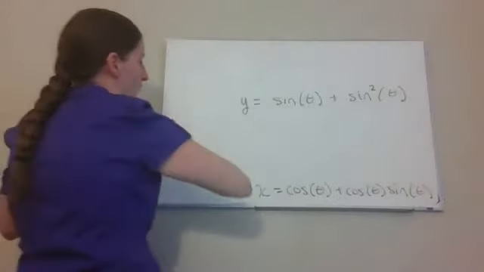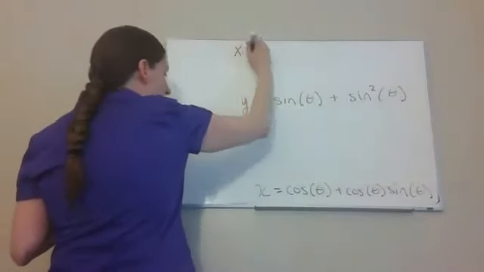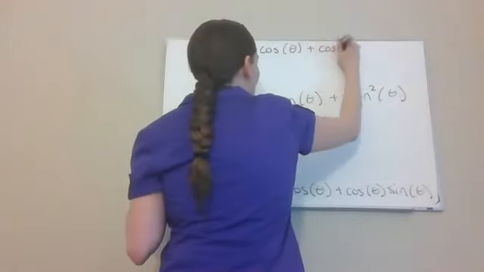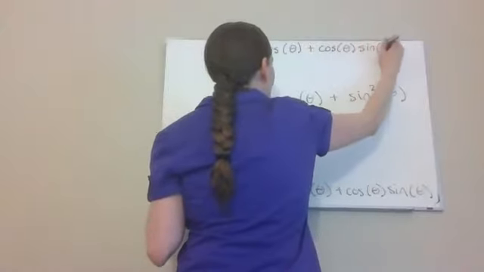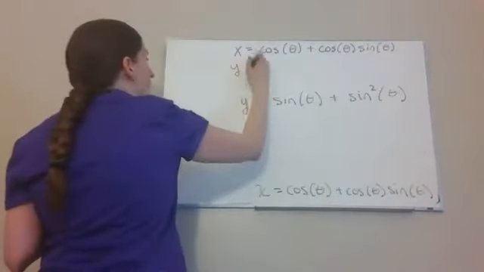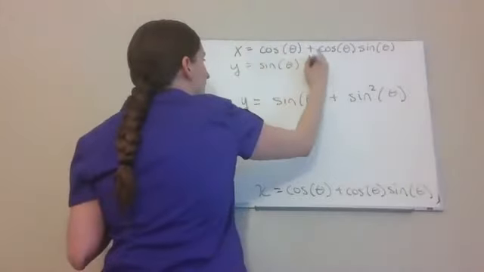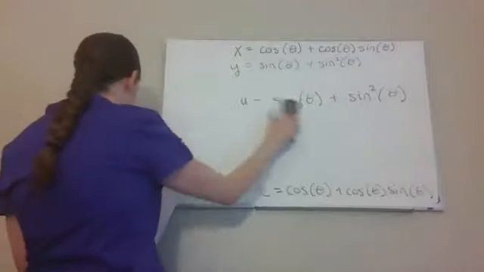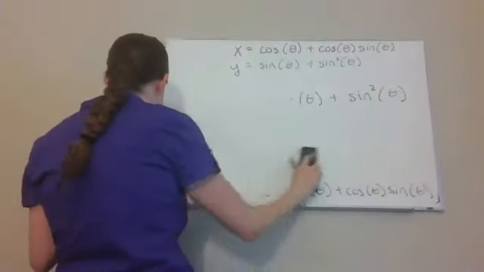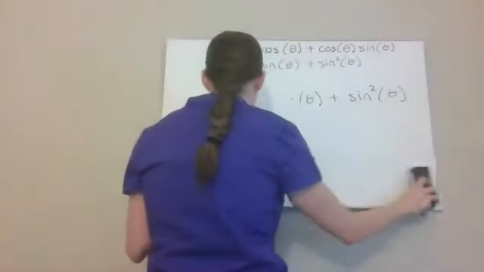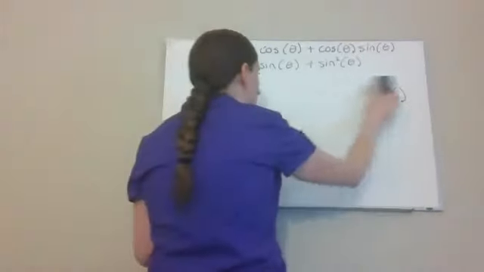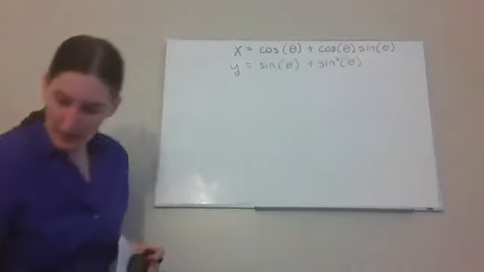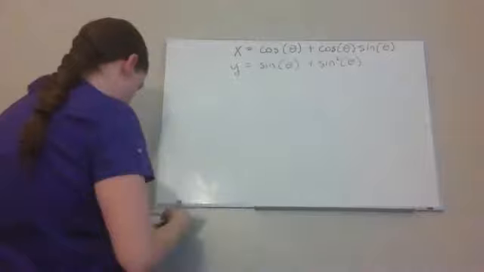Let me just rewrite this so I have what I need. x is cosine theta plus cosine theta sine theta. y is sine theta plus sine squared of theta. And so then I just use what my formula is for dy dx.